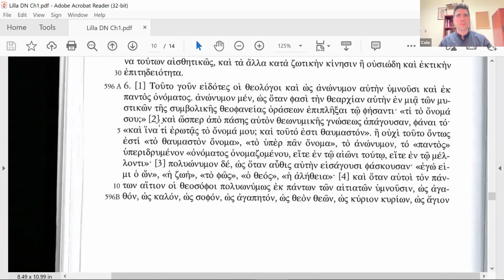So in Exodus, was he talking to Moses, to the burning bush? Okay, so it falls under the category of symbolic theophanies also.